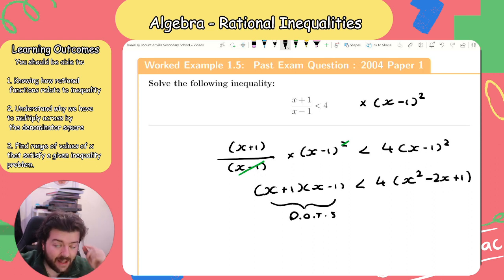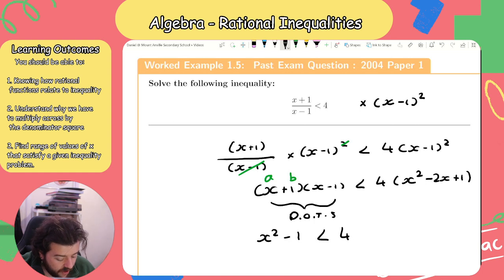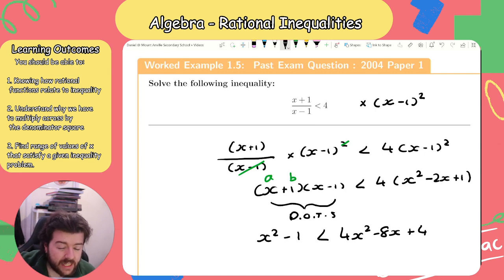That's the aftermath of factorizing a difference of two squares. So that's a, that's b. It's going to be x squared minus b squared, which is 1. Do you have to know that? No, but it saves me precious valuable seconds multiplying that out.